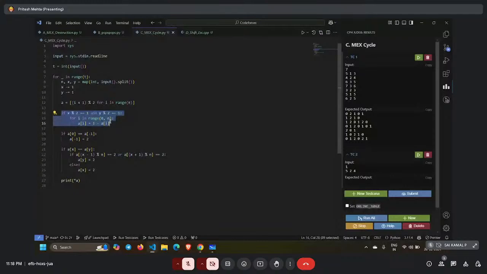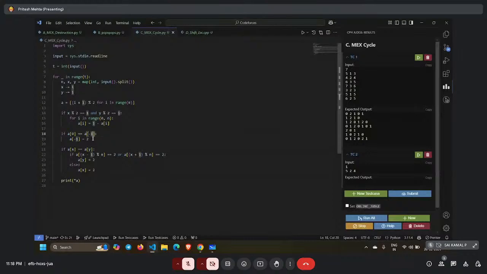Now if we have two ones adjacent to each other or two zeros adjacent to each other, we will make one of them 2, as we see in the case of the odds. This will trigger.